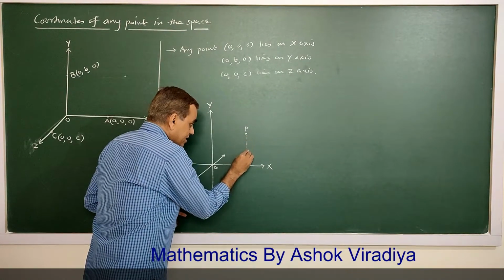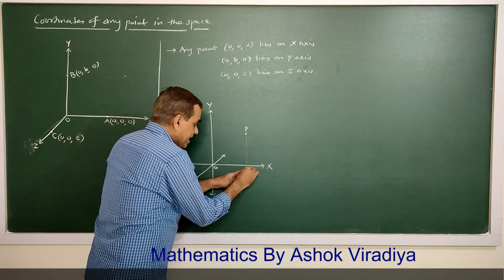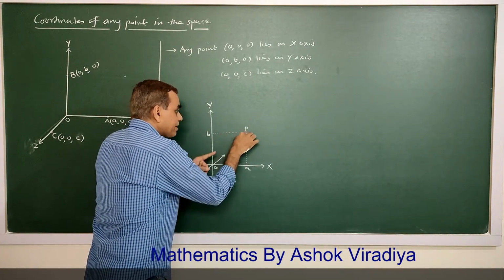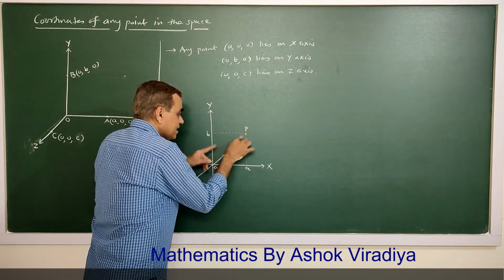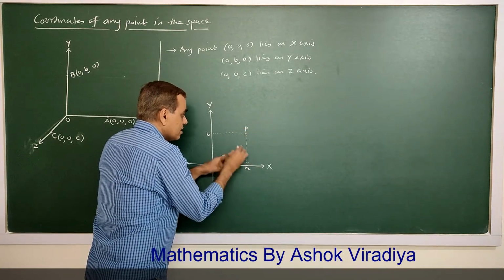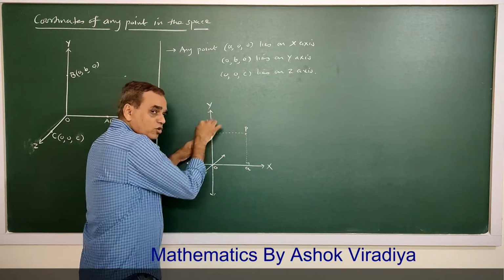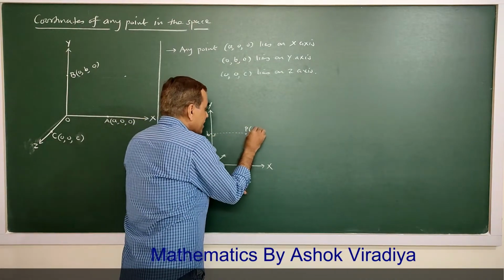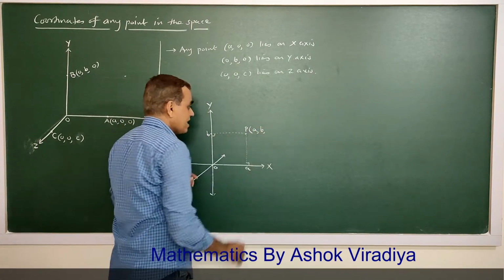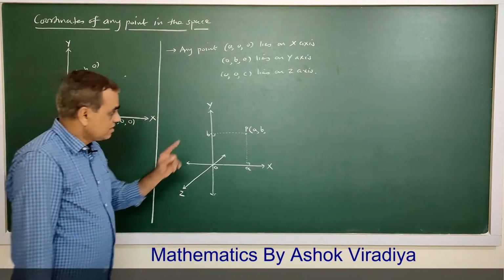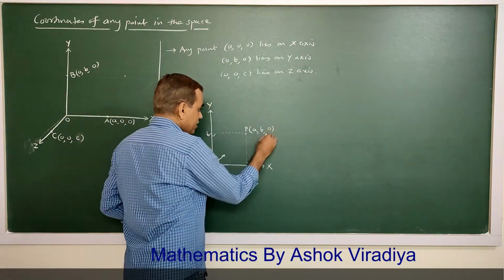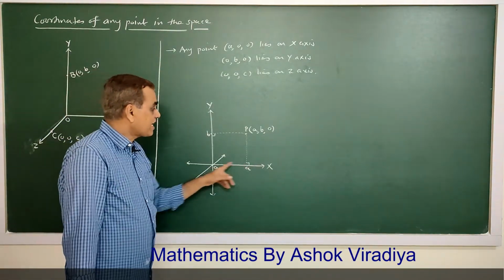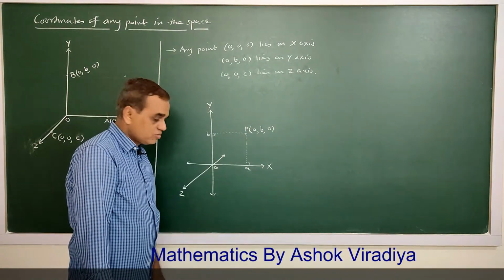Then P has x coordinate A and y coordinate B. Taking a perpendicular from P on the x-axis, the foot lies at this number, and taking a perpendicular on the y-axis, the foot lies at this number, then this point has x coordinate A, y coordinate B and z coordinate 0.